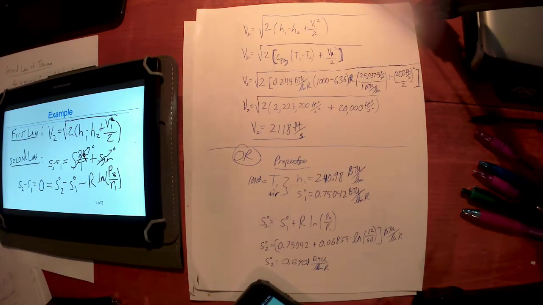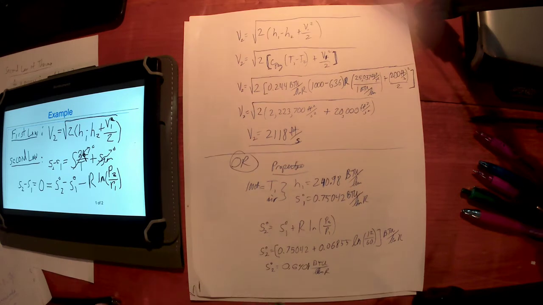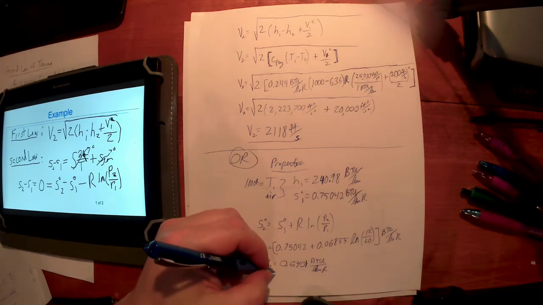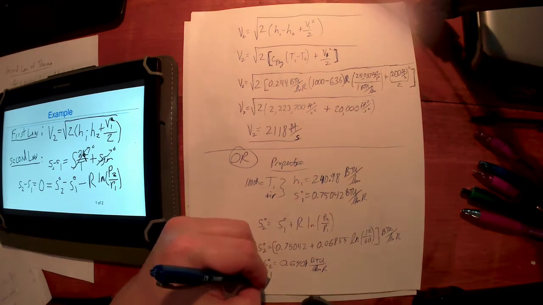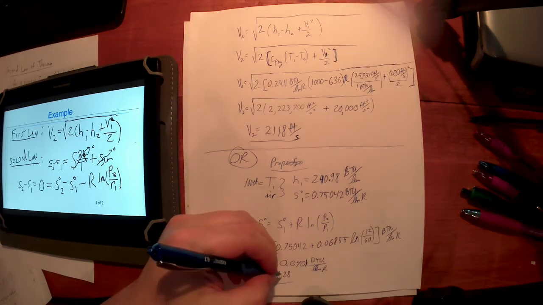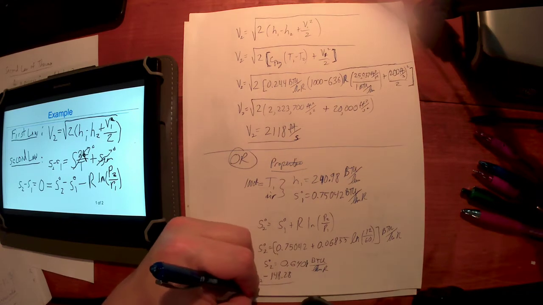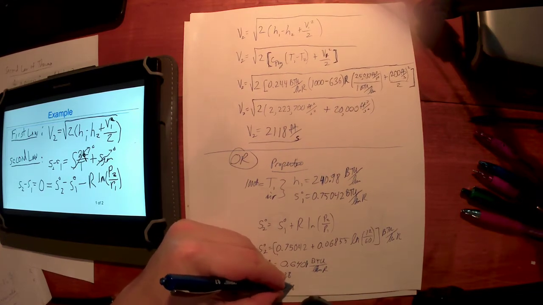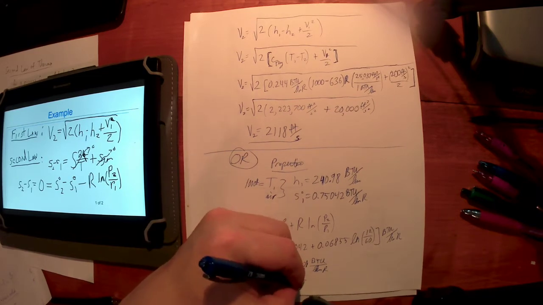So just kind of quickly there, that means that h2 minus 148.28 divided by 153.09 minus 148.28. We'll just write out the interpolation real quick here. We're just going to crank this out.